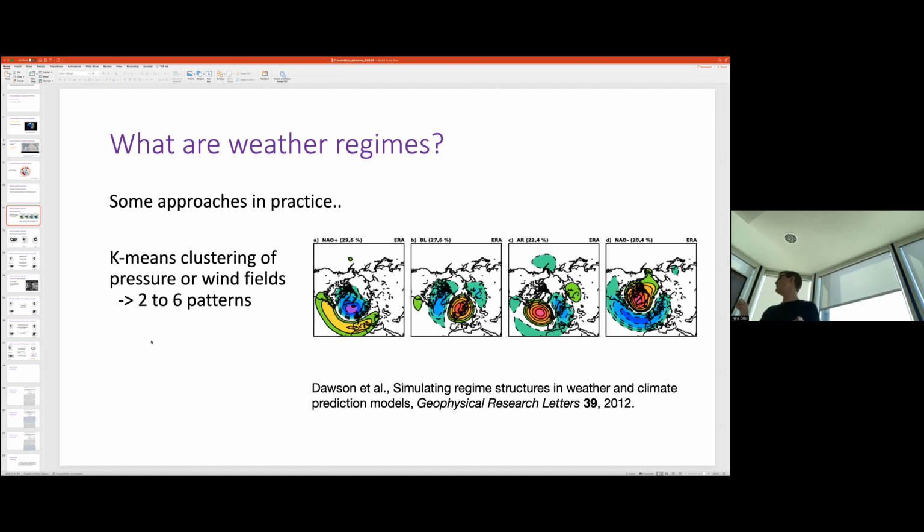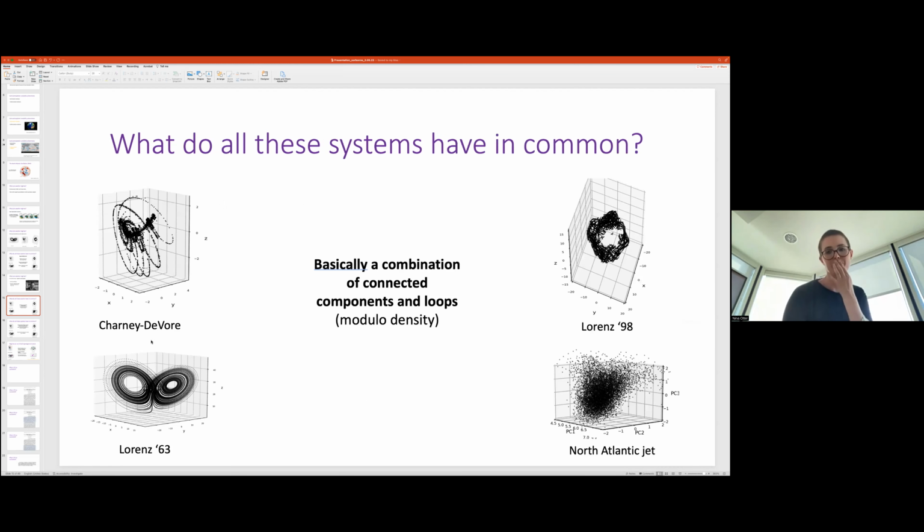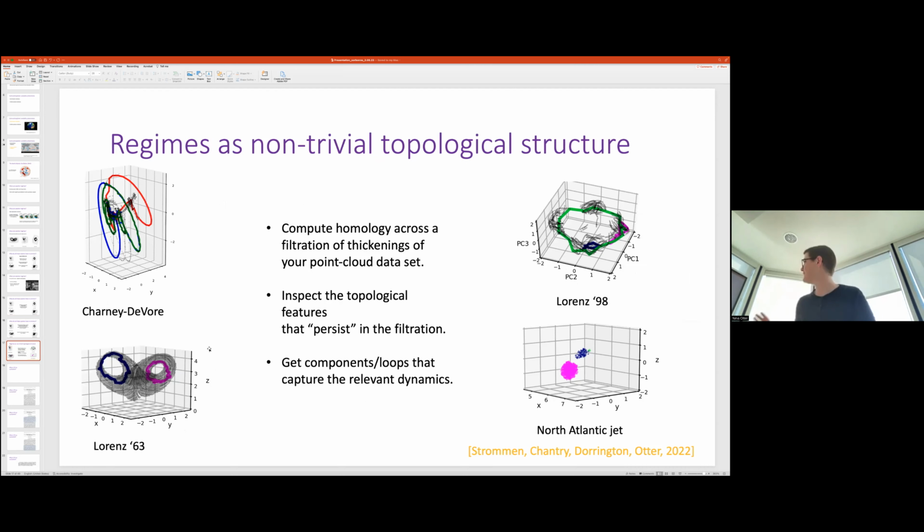We also did not find any interesting loops, and the clusters we found were consistent with regimes known to exist in the literature.